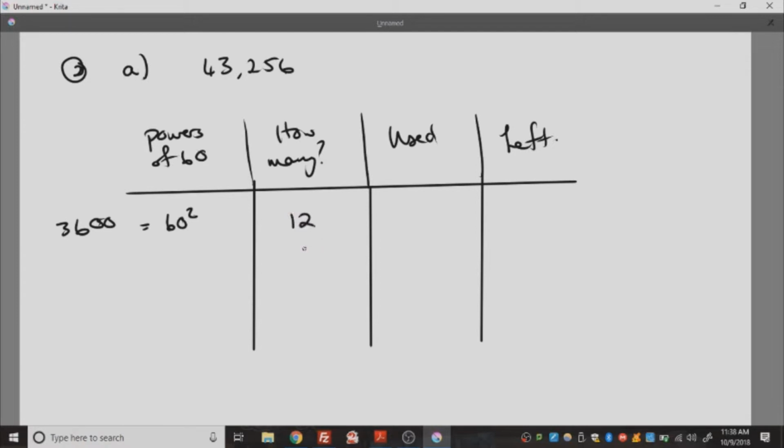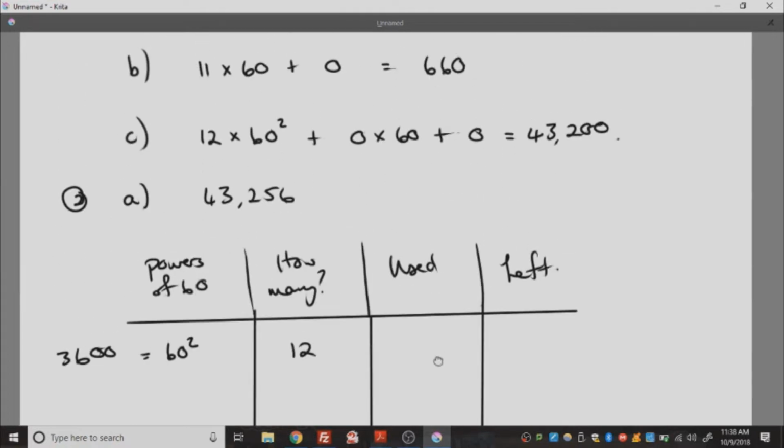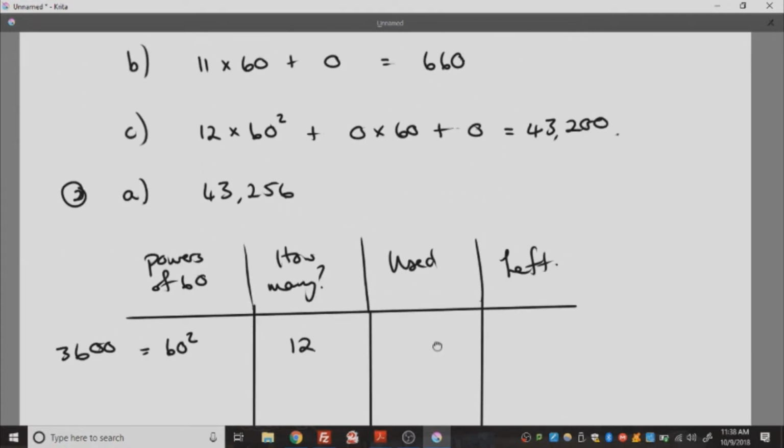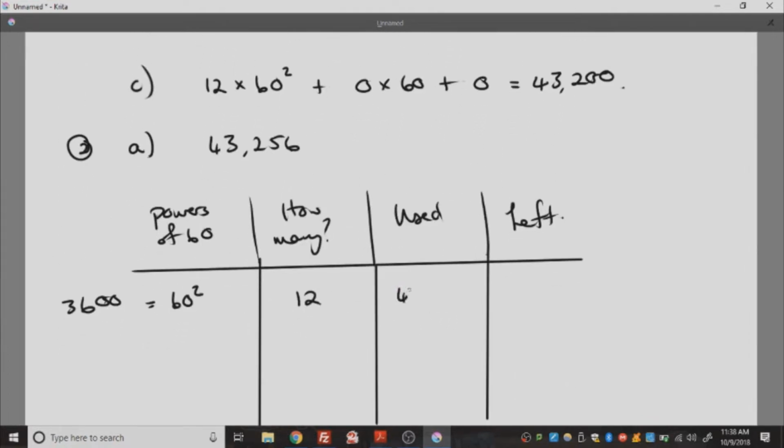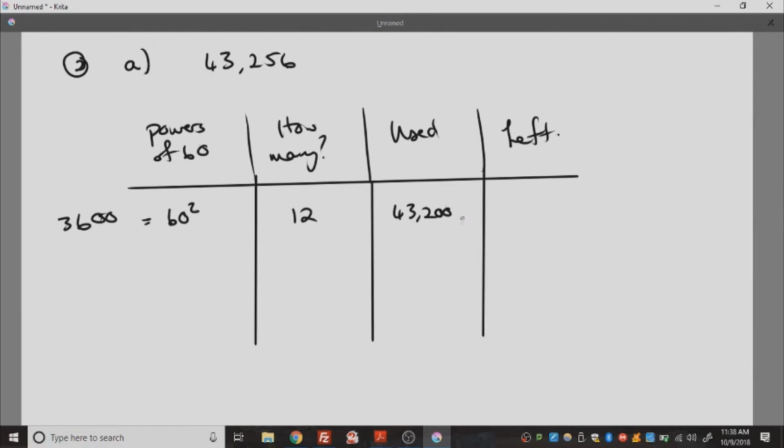Then 12 times 3,600 is what I've used. I've used 43,200 because we did it up there. How much do I have left? Oh, not a lot. Little 56.